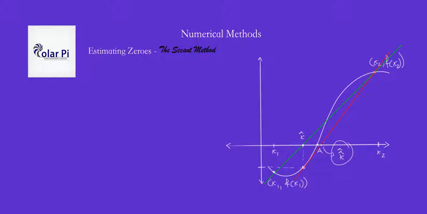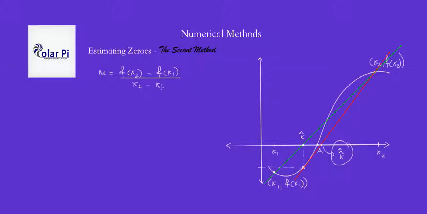So to do that, we're going to focus on our very first secant line and figure out the equation of that very first secant line. We're using this point and this point, so the slope is going to be, from good old algebra, f of x2 minus f of x1, divided by x2 minus x1.